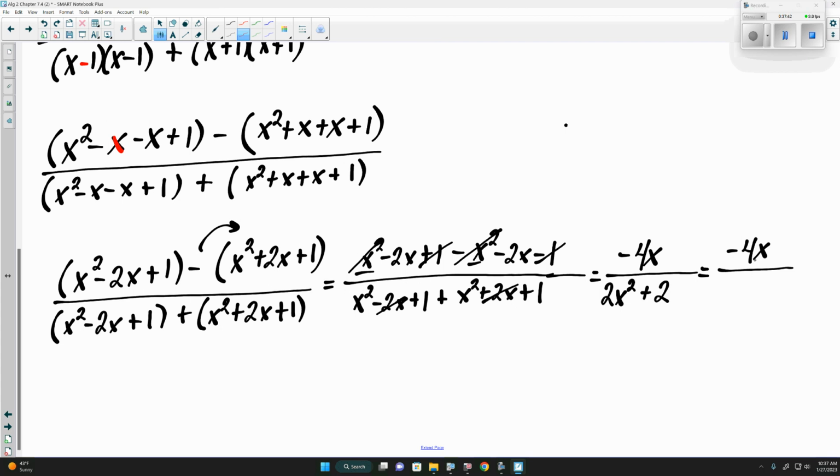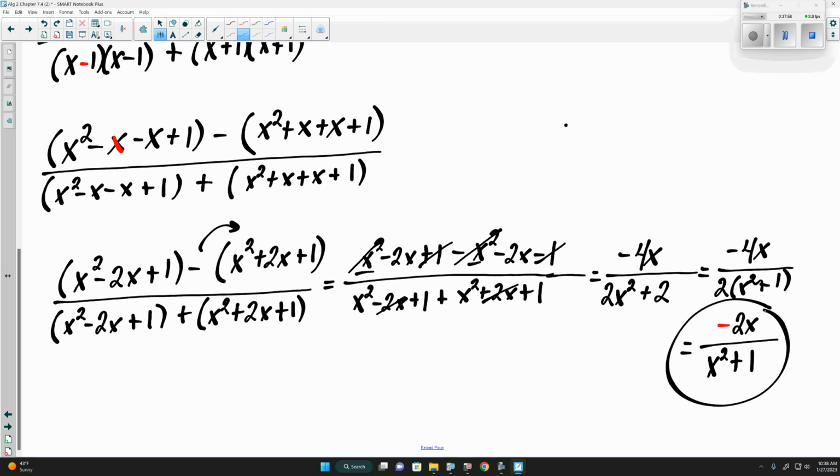There's only one last thing. Is there a number that will go into the two denominators? 2. And if we simplify that out, we get negative 2x over x squared plus 1.